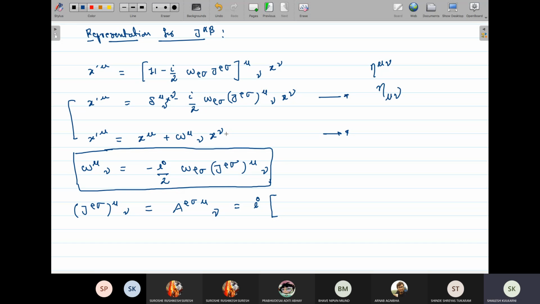If it is mixed, then it becomes Kronecker delta. So let me write this as eta rho mu delta sigma nu, then subtract from it eta sigma mu delta rho nu. You can see that this is antisymmetric in rho sigma.